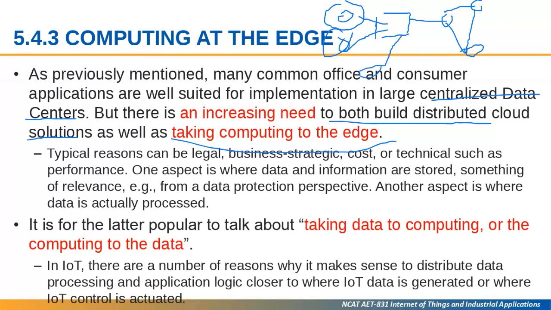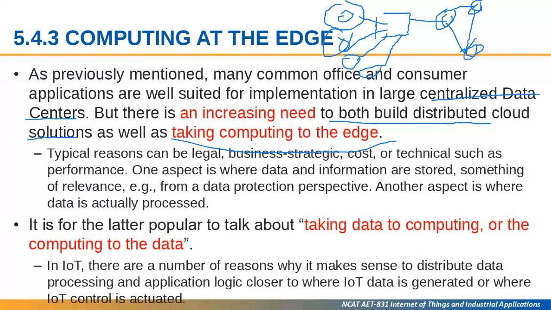Previously we were just relying on big data centers, maybe deep in the network, to do the computing. But people later said, let's see, we have many devices connected at the edge of the whole network. They also have computing capabilities, and most of the time many of them are idle.